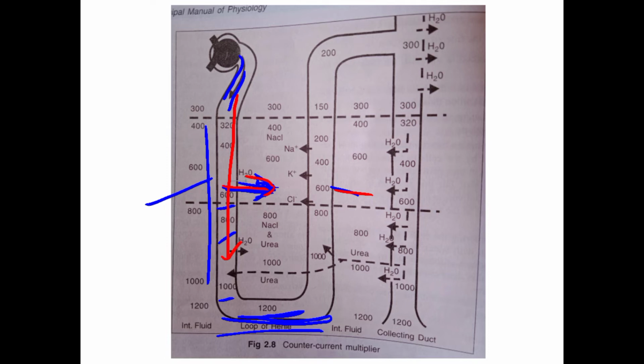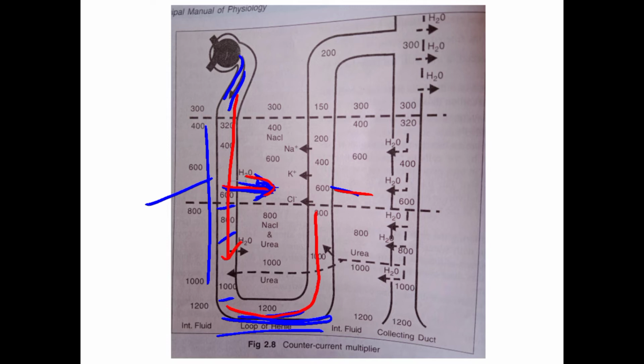Now the filtrate passes through the ascending limb. In the ascending limb, sodium, potassium and chloride are actively co-transported into the interstitium.